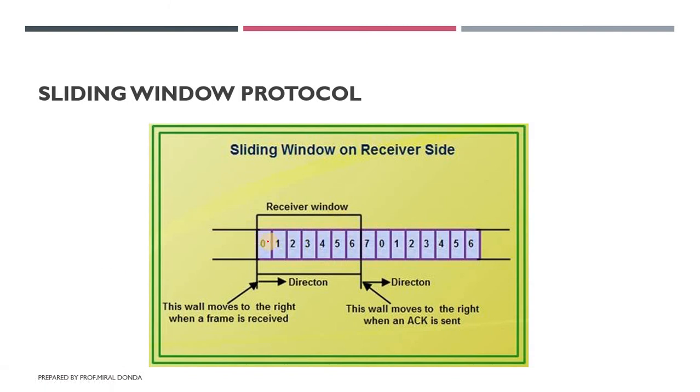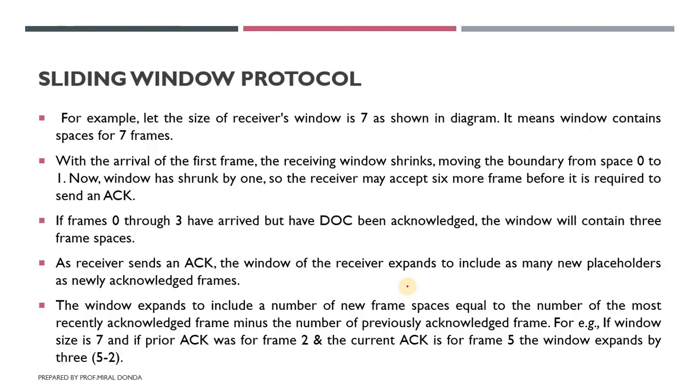Now these first 2 frames are acknowledged, so the window pointer moves 2 in this direction, and now our window is 1, 2, 3, 4, 5, 6. Also, when the third frame is acknowledged, it moves 1 in this direction, and now our window size becomes 7. So this is how the sliding window protocol works at the receiving end.